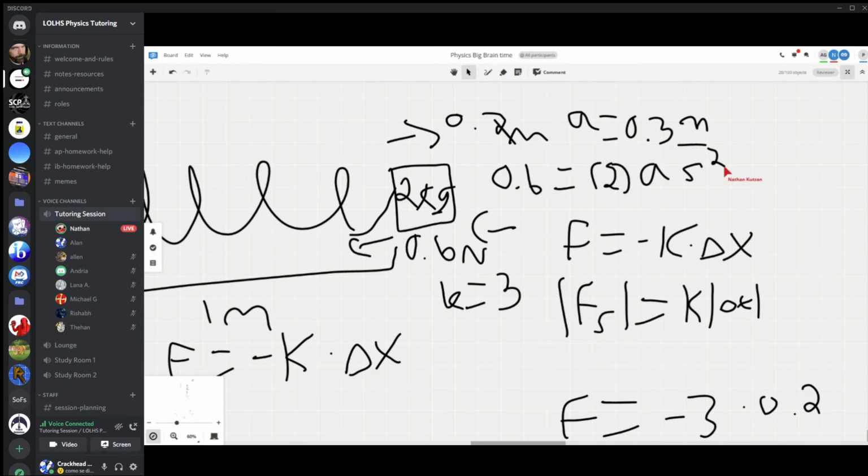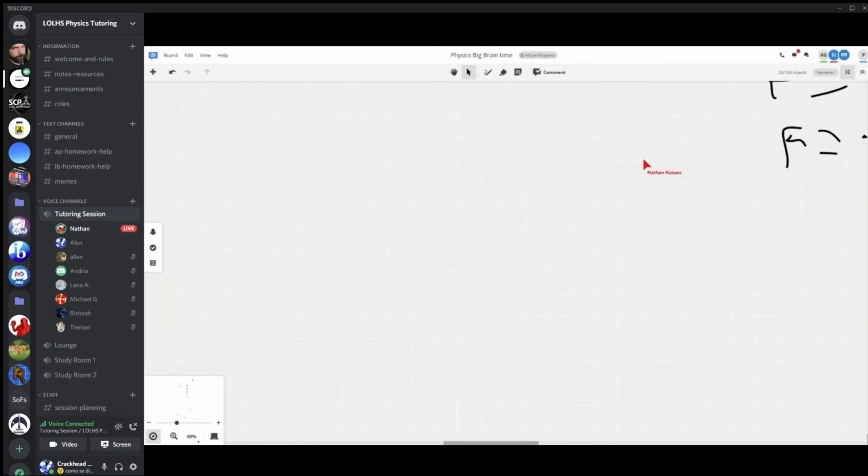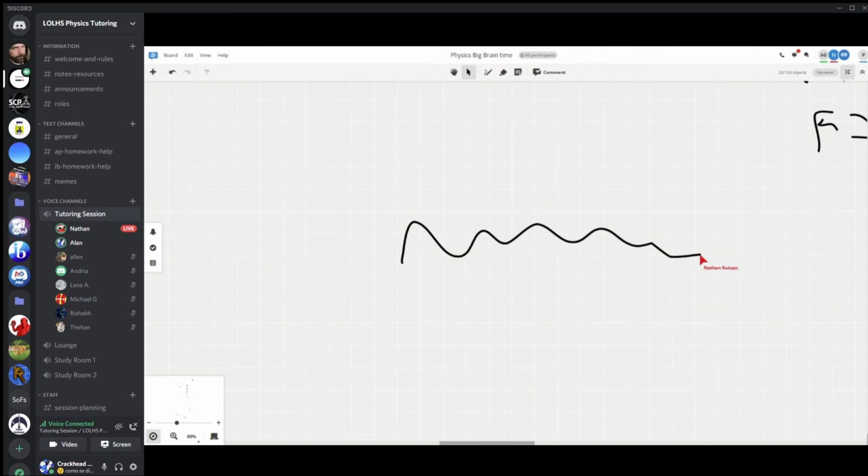Okay. So just a couple conceptual things I want to point out about this, which will help you on the AP exam. Maybe, I don't know about this one, but it can help you speed through things. If you have a spring and it's extended, I'm going to draw my spring really stupidly because I don't care anymore. And so we have this, and it's extended this way by 0.5 meters.